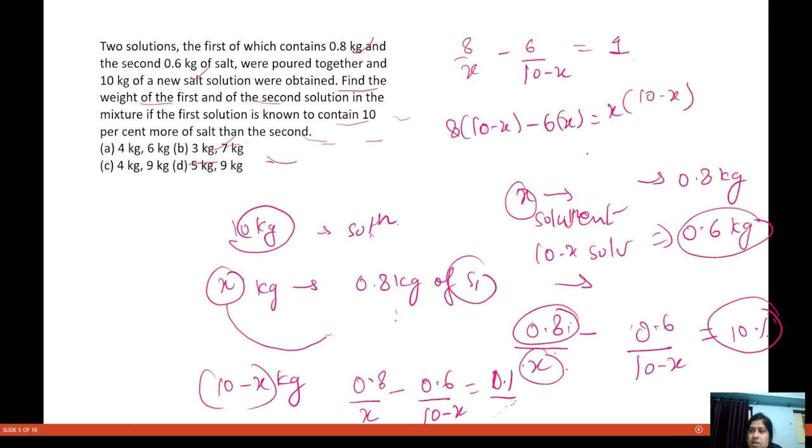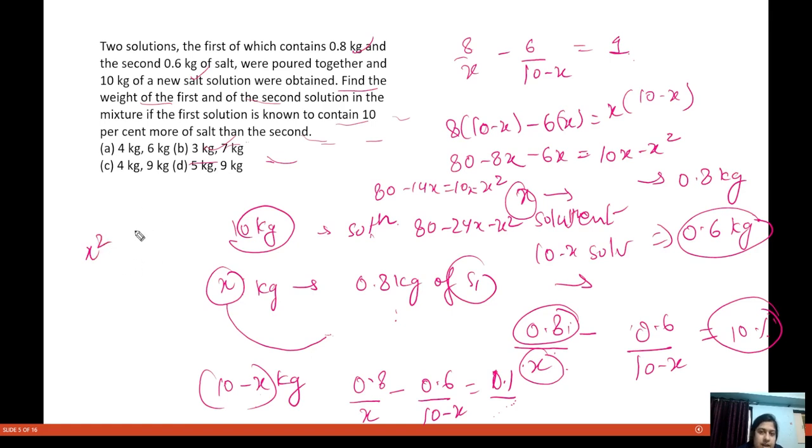So 80 minus 8x minus 6x equals 10x minus x square. So 80 minus 14x equals 10x minus x square, and we get 80 minus 24x equals minus x square. So we have x square minus 24x plus 80 equals 0.